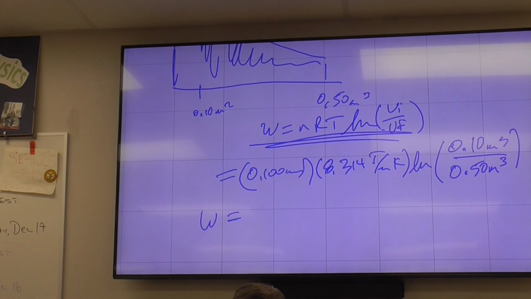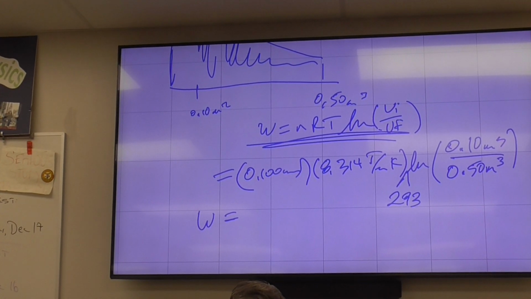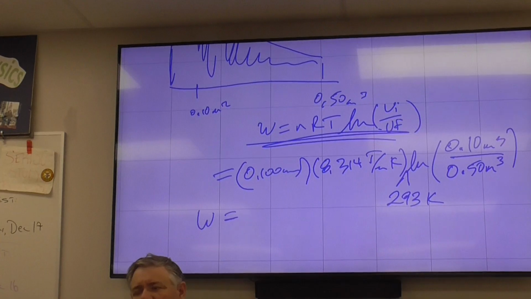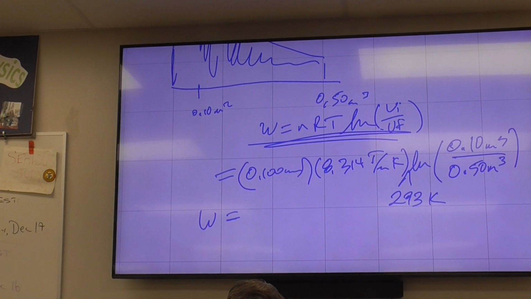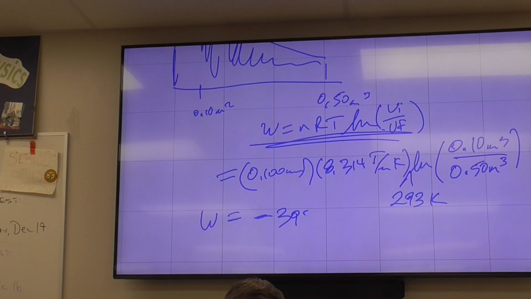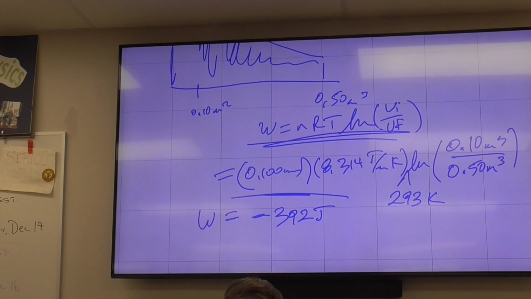Hold on, I left out the temperature part of it. Multiplied by 293 Kelvin. Negative 392.1 joules. That I can live with.